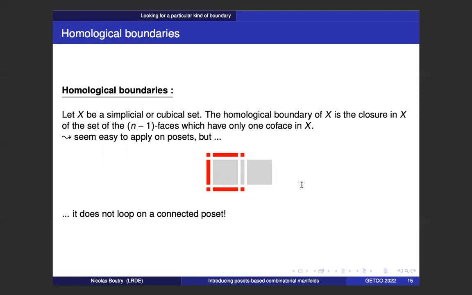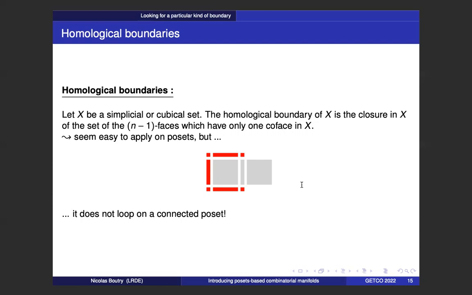We could use homological boundaries. We take a poset which is made of all these faces. I mean, you understand, this square contains this edge and this point, and so on. It is a part of a cell complex.